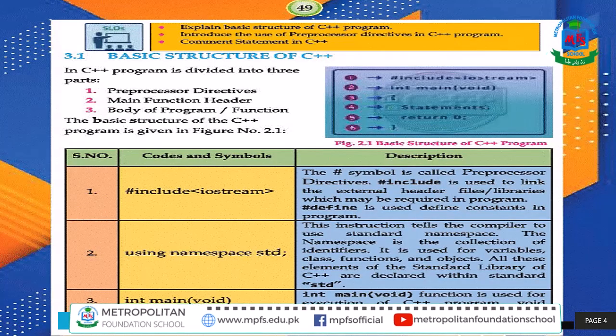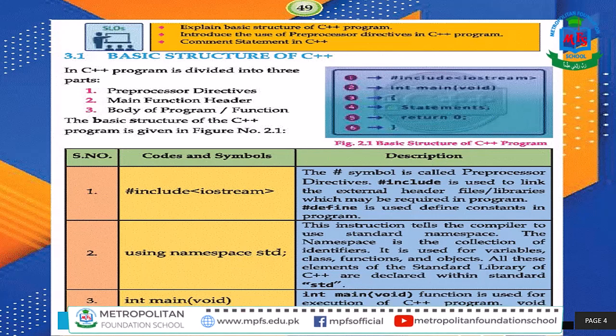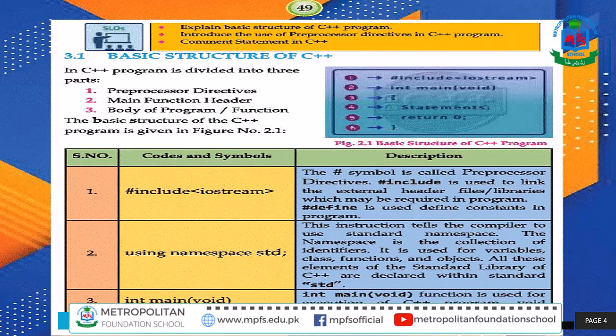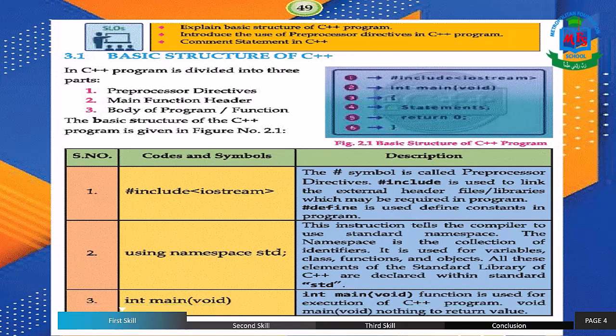Now let's see page number 49. Basic structure of C++. A C++ program is divided into three parts: preprocessor directive, main function header, and body of the program function.